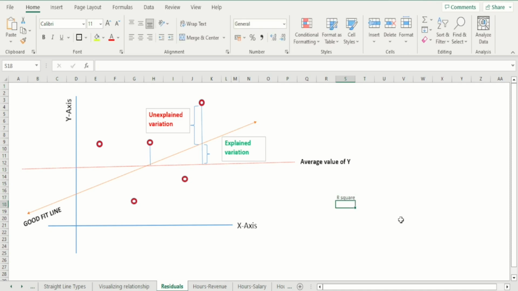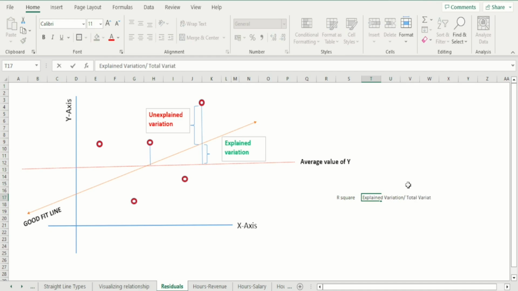R square is nothing but the ratio of explained variation and the total variation. So higher the value of R square, the better your model in terms of explaining the changes of the dependent variable with respect to the independent variable.